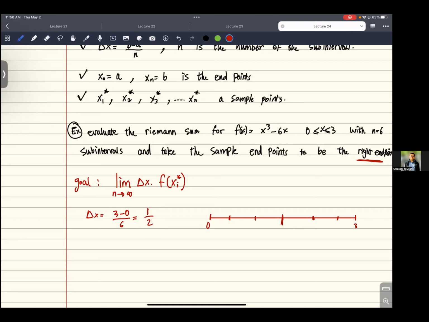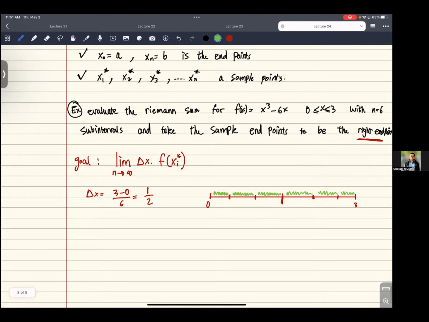So I divided it into the 6 subintervals. Here's the first one, here is the second one, here's the third one, fourth, fifth, sixth. Okay.